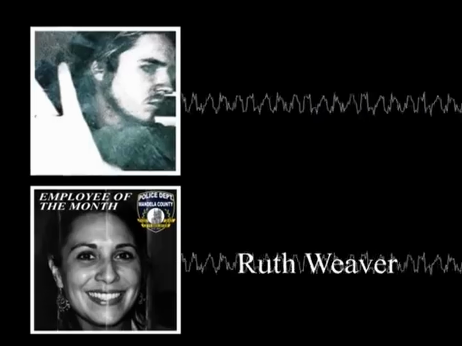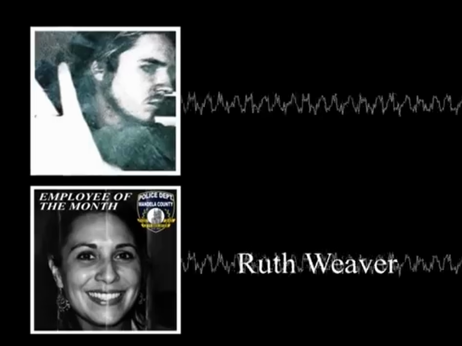Thatcher then radios Ruth Weaver, who responds to the incident. And when he switches back on the line to Jude Murray, he is no longer responding. Weaver radios in requesting backup from Thatcher because the cops who initially arrived on the scene fled. This 911 call was a mystery from the start, but it only got more haunting from there.